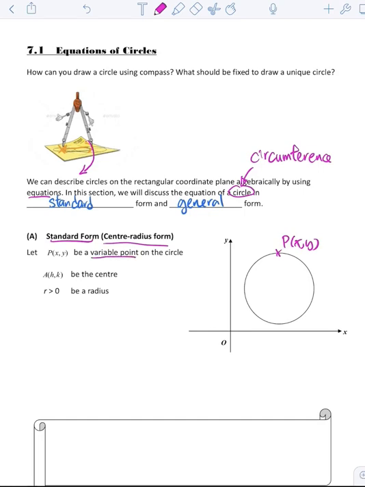This is a moving point, and we can also call it a variable point. Now, let A(h, k) be the center, which is a fixed point, and r be the radius, which is a fixed distance.